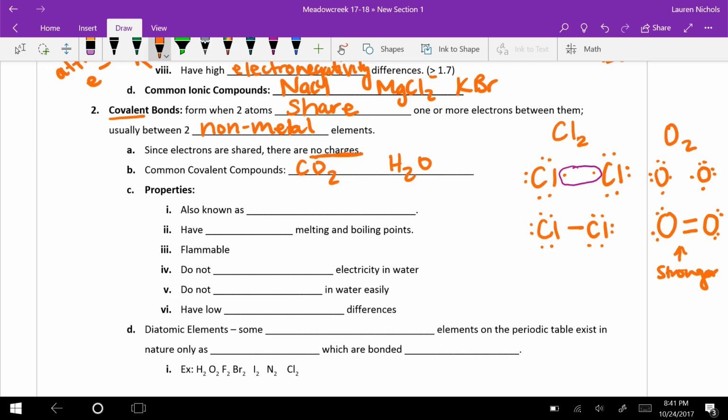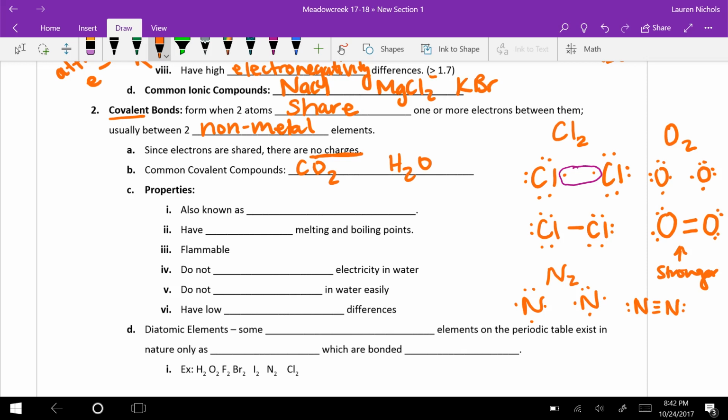And it can even go all the way up to a triple bond, such as with nitrogen. Nitrogen has 5 valence electrons. And so in order to reach its octet, it's going to have to share the 3 in between it. And so it would form a triple bond, which is the strongest of the covalent bonds.